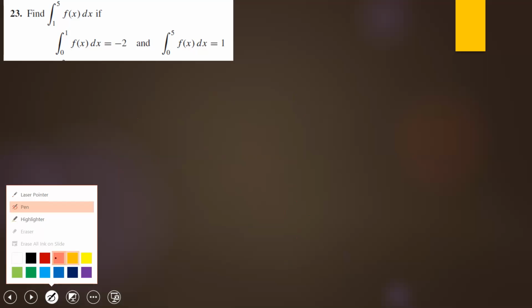Here, that's why I told you be careful about the interval that I'm talking about. Here they ask me about the interval from 1 to 5, and they told me the integration from 0 to 1 and from 0 to 5.